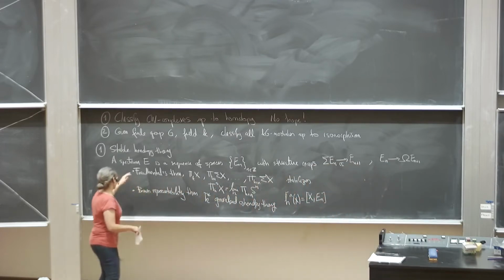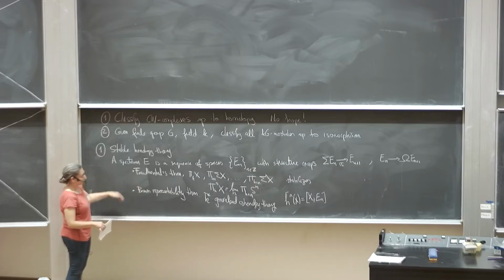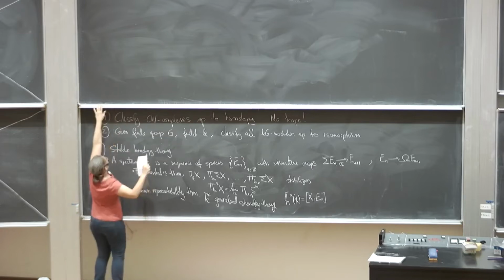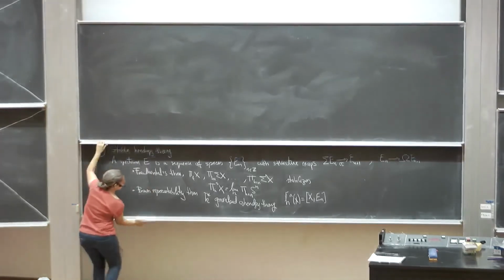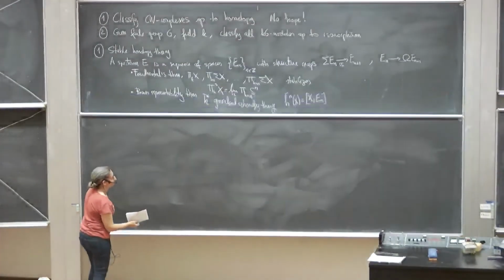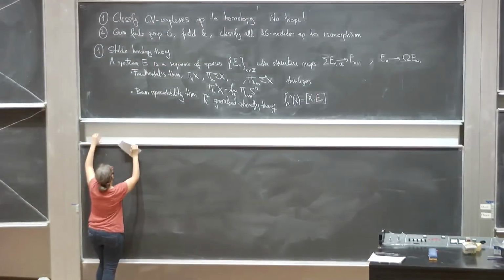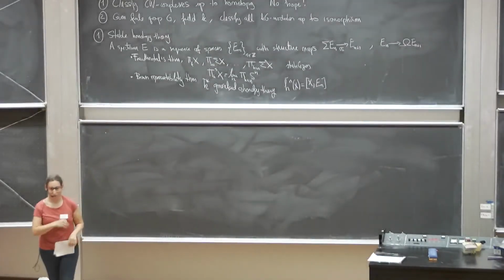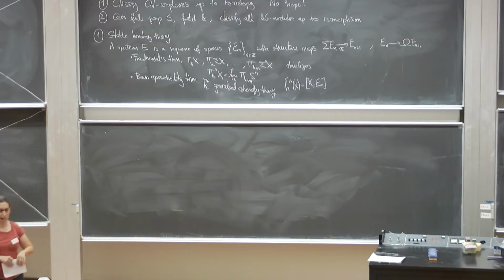So then you can organize these objects in a category, and you want to describe what the morphisms are. The morphisms will be just morphisms degree-wise, continuous maps degree-wise, which respect the structure maps. Right?